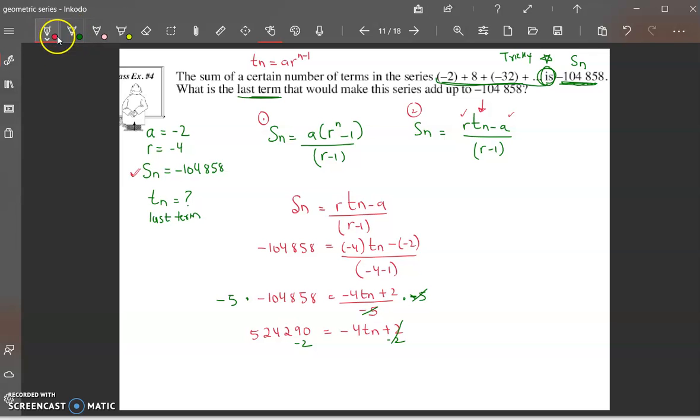And that will now give me 524,288. Last thing left now is to divide both sides by -4. So that means Tn will then come out to be -131,072. It became negative again because we divided by a negative number.